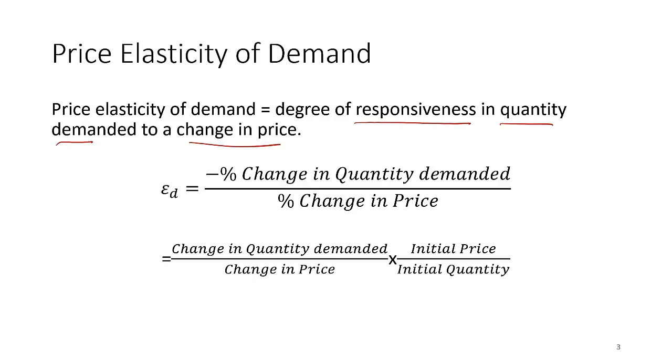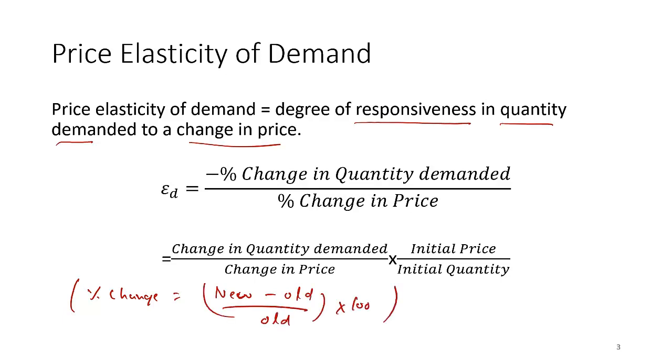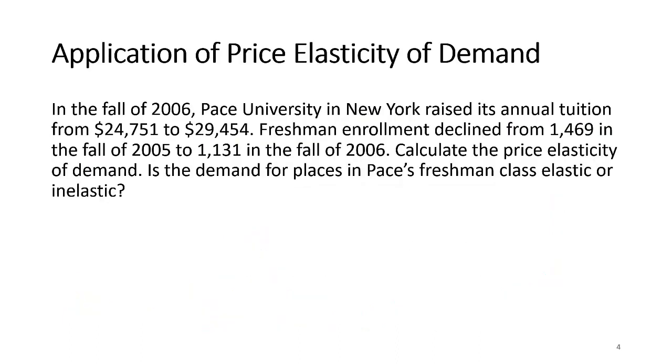Now if you do a little bit of algebra, percentage change is always calculated as new minus old over old, times 100. That's percentage change. So if you're trying to calculate the percentage change in quantity demanded, you just use this formula. Use the same formula to calculate percentage change in price. So basically, as price changes, how much is the change in quantity demanded? This will become clearer if we do an example.